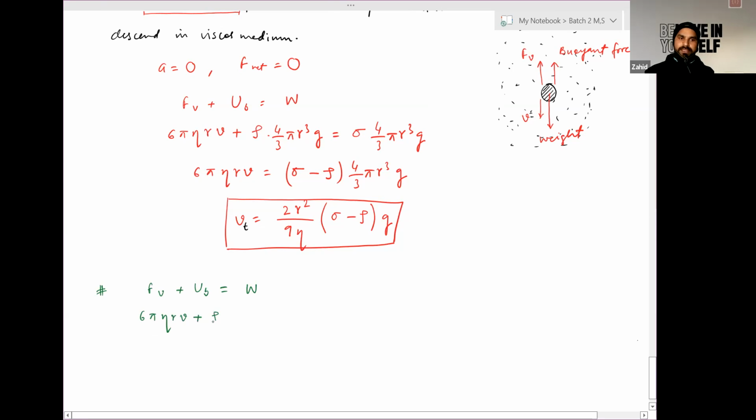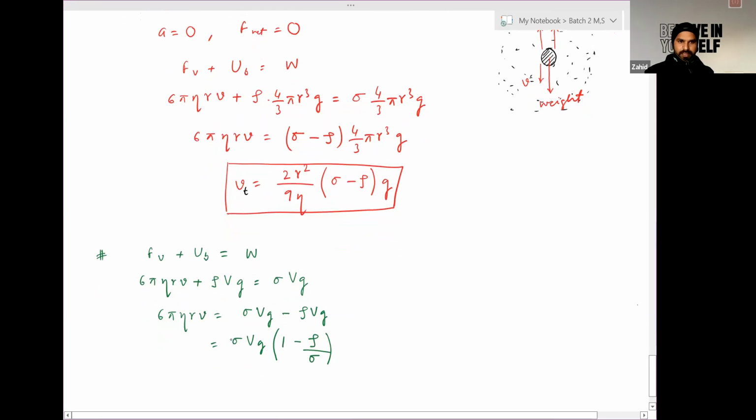Buoyant force is density of medium times volume displaced times gravity. Weight equals density of object times volume times gravity. So move this term to the right side. You're left with 6 pi eta r times v equals sigma vg minus rho vg. Just take out sigma, volume, gravity as common. So you're left with 1 minus rho divided by sigma.